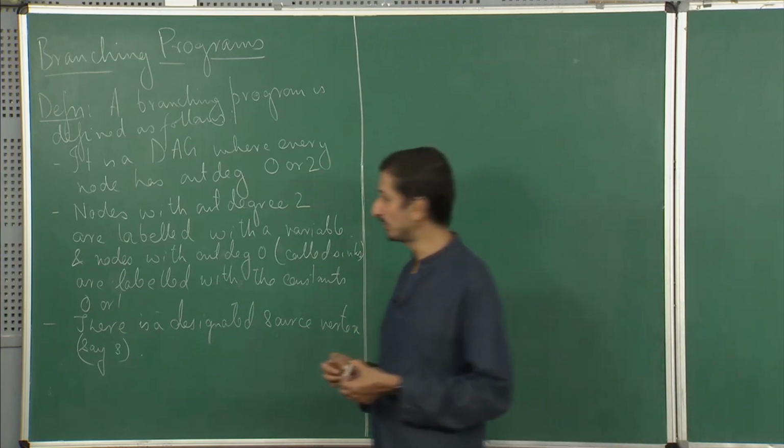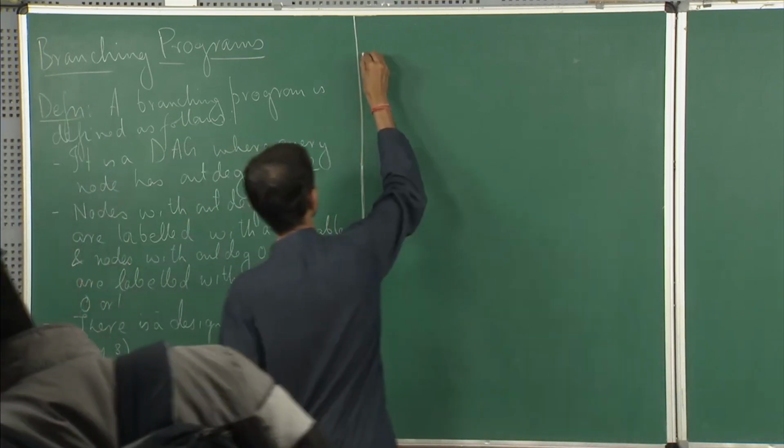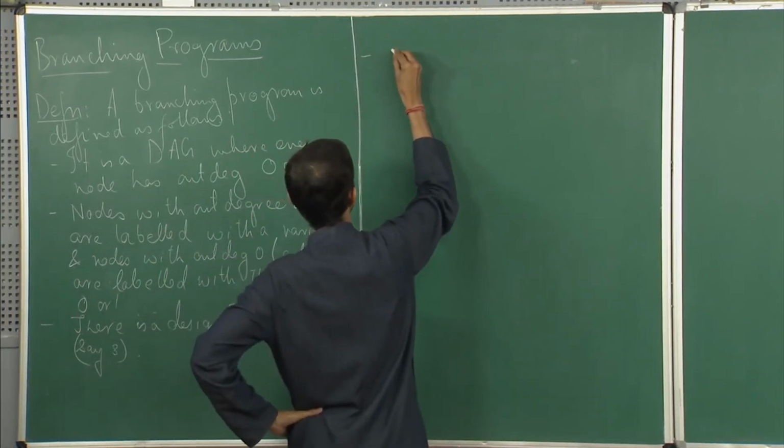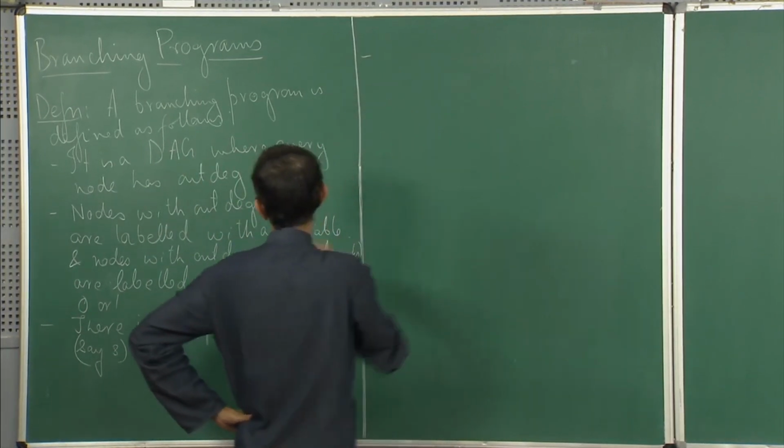So now how does a branching program accept its input? Let's give it a name.